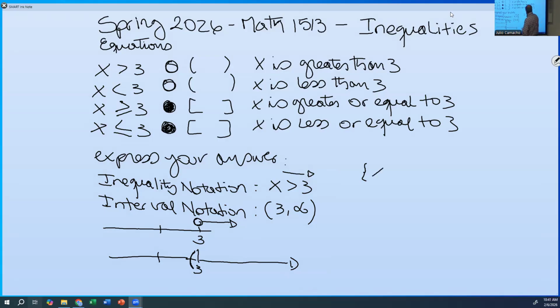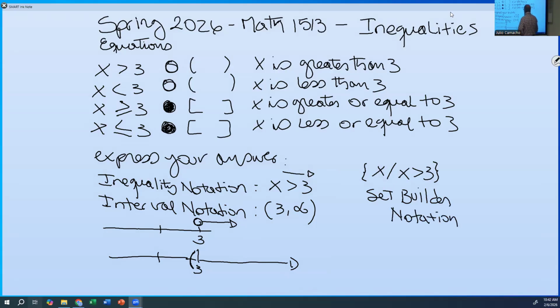You put an x, you put a bar or a forward slash, and then you put your inequality, and you close again. That is set builder notation.